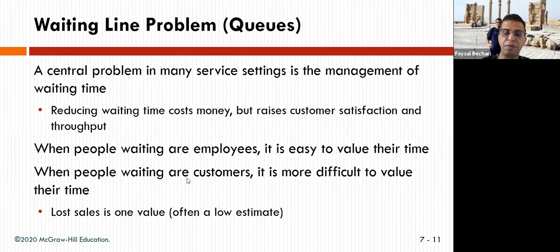So providing services to the customer is more important than to employees because you don't want to lose sales. So those are the issues there.